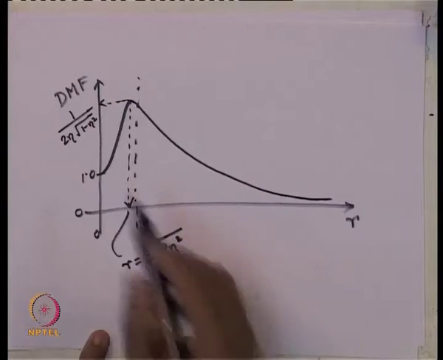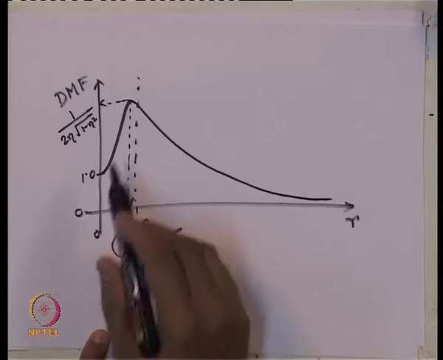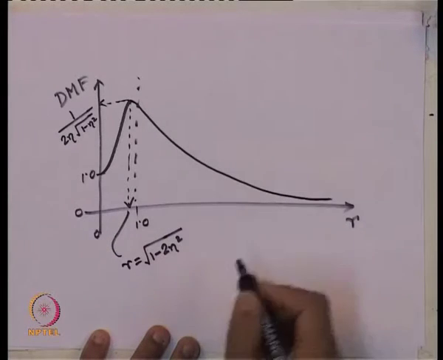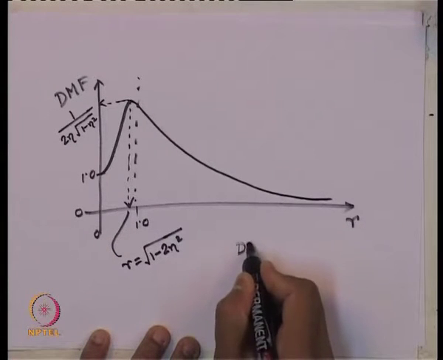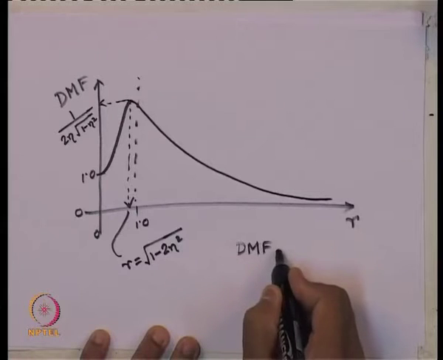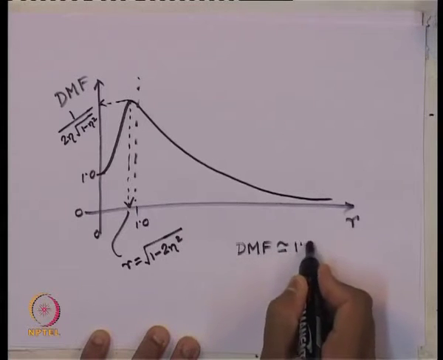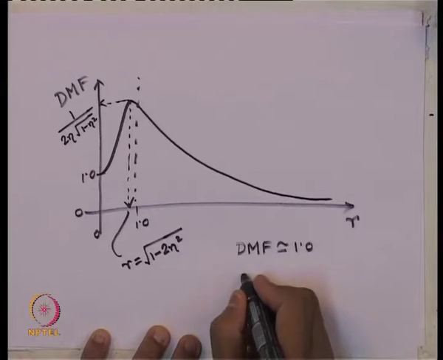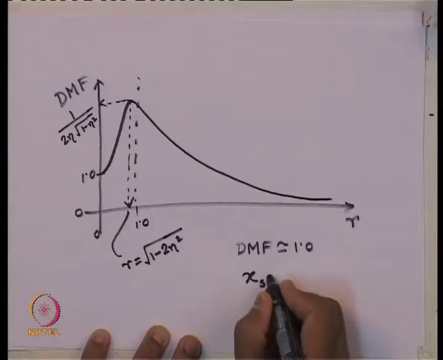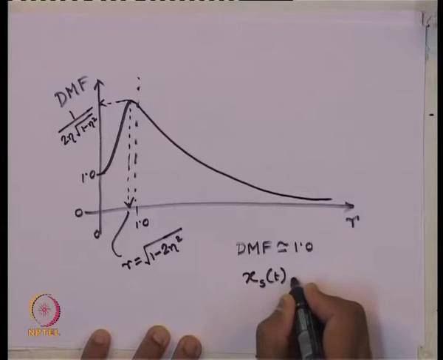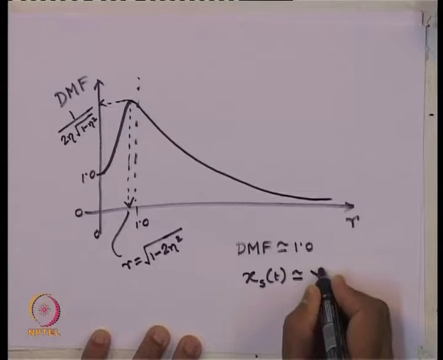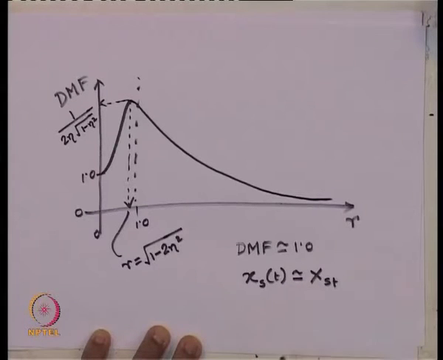Now, let us see the different zones in this graph. DMF equals 1 or very close to 1, what does it mean? That means the steady state displacement is almost equal to our static displacement.